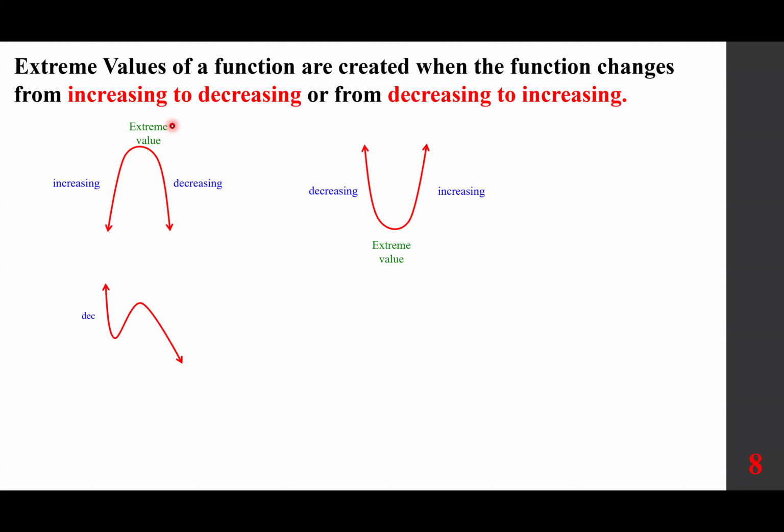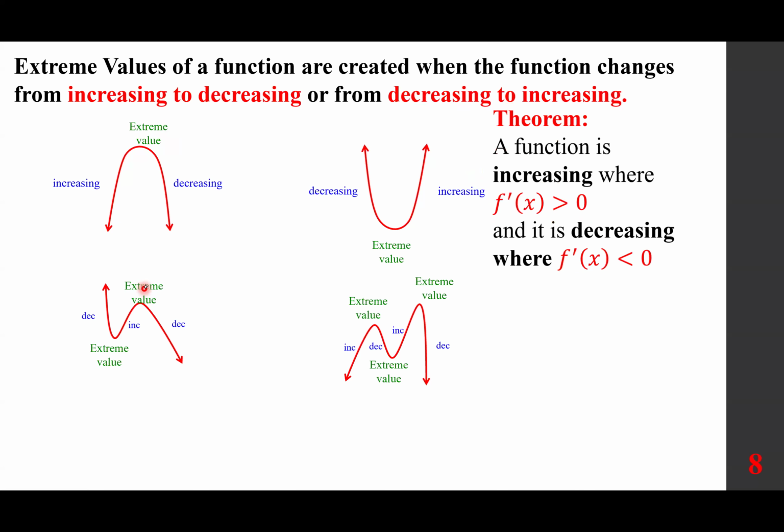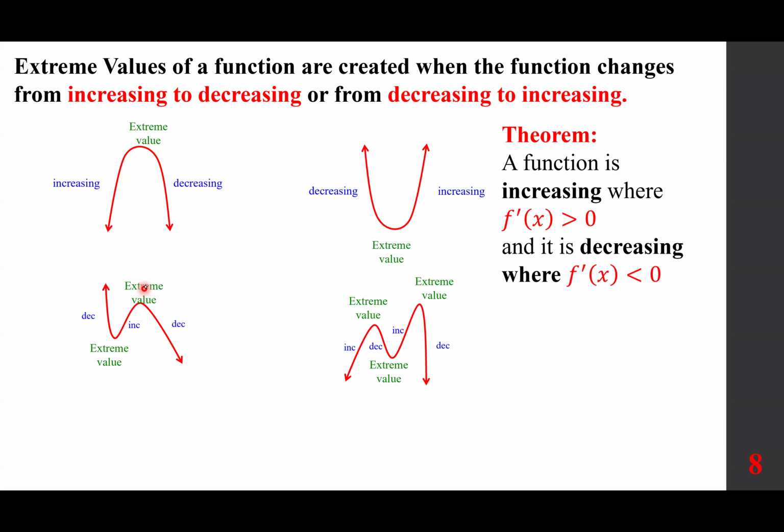Look at this one, decreasing, increasing, local min; increasing, decreasing, local max. Here, increasing, decreasing, increasing, decreasing, and we have extreme values at peaks and valleys. Therefore, a function is increasing where f prime is positive and decreasing where f prime is negative.